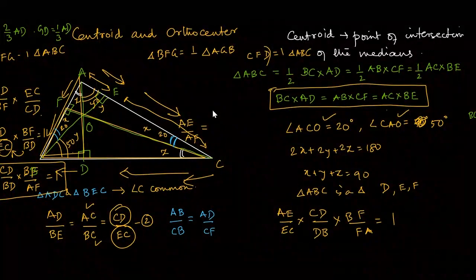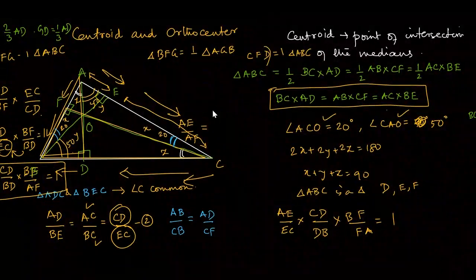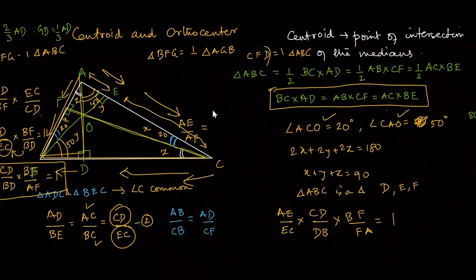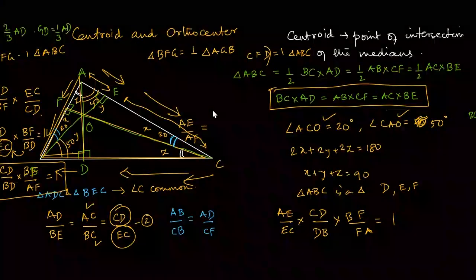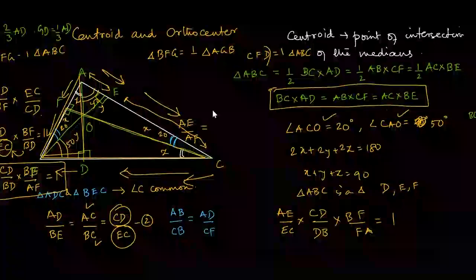That should be equal to 1. This is the condition of concurrence of the three perpendiculars from the vertices to the opposite sides. Okay, sir. Clear?